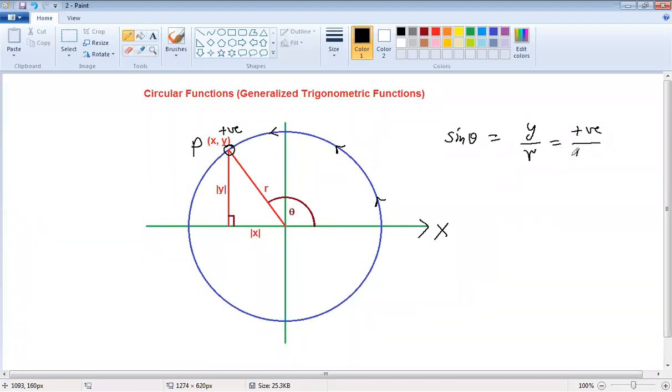So this is positive upon positive, so it will be positive. But for cos theta, we have x coordinate divided by radius. X coordinate here is negative in the second quadrant. So negative quantity upon radius, which is positive, it will be a negative answer.